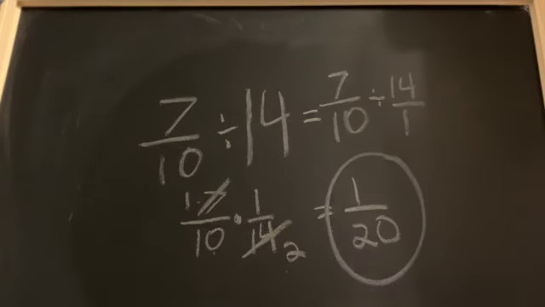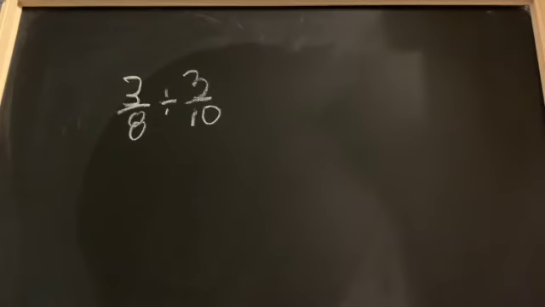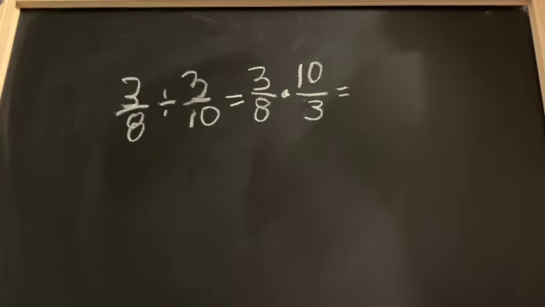And now we'll do just one more to make sure we completely understand this process. 3/8 divided by 3/10 would be 3/8 times 10/3. Work it out a little differently. 3 times 2 times 5 over 2 times 2 times 2 times 3.